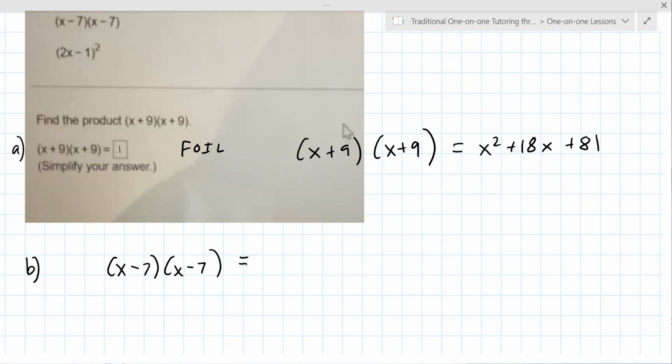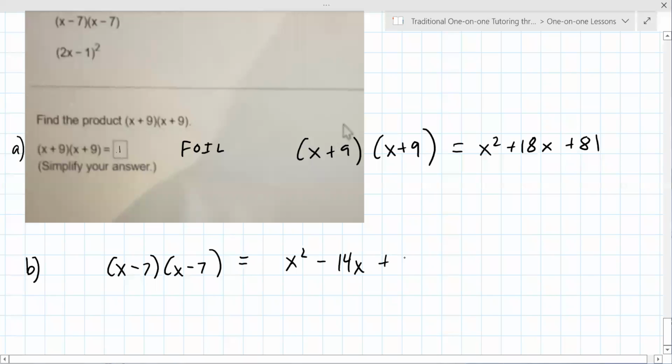I got x squared minus 14x plus 49. Good. So these are both what are called perfect square trinomials, and they have a formula or a pattern.